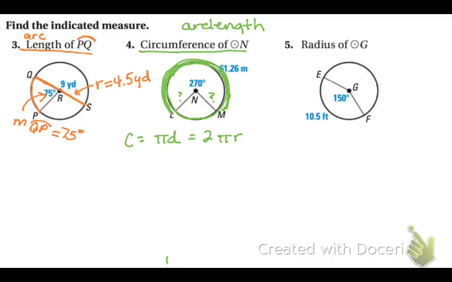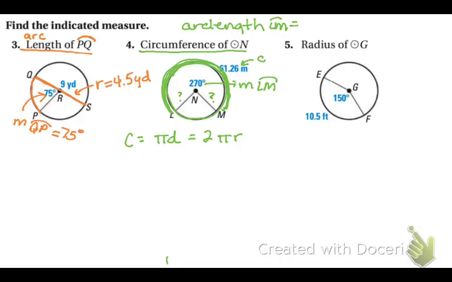Okay. So the arc length of LM is going to be equal to the measure of arc LM, which is 270.